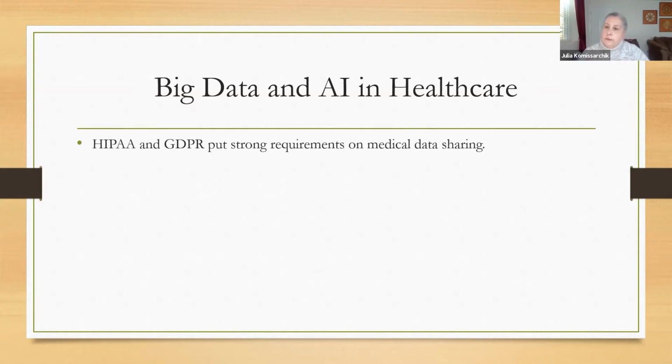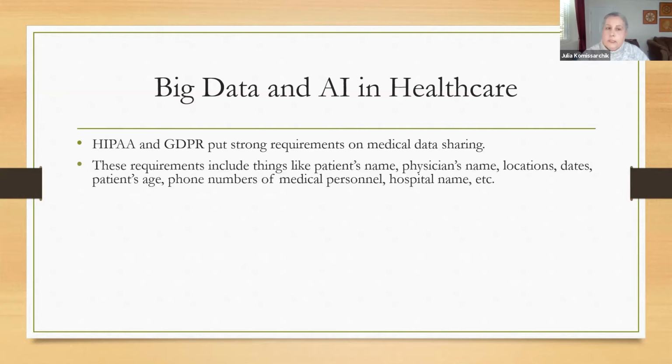HIPAA and GDPR, which we discussed previously, put strong requirements on medical data sharing, and rightfully so. These requirements include things like the patient's name, physician's name, location, dates, patient's age, phone number of medical personnel, hospital name, etc. There's a certain list of items that could not be shared.